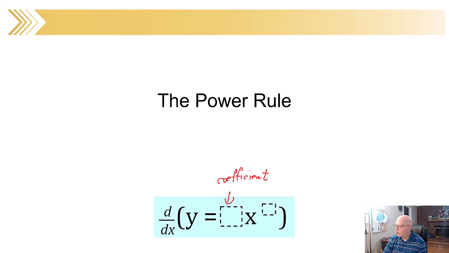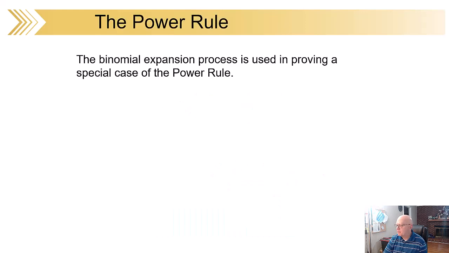And what here we've got is variable x to some power. Thus, the power rule. We're going to work with the power, with the coefficient occasionally. And this is the basis for a lot of things you're going to do.